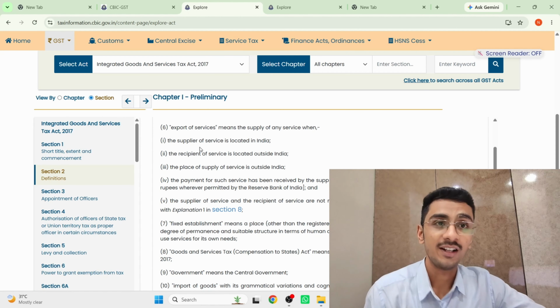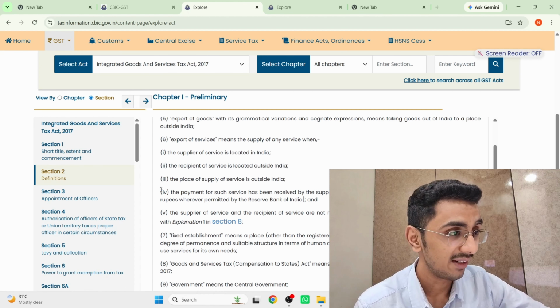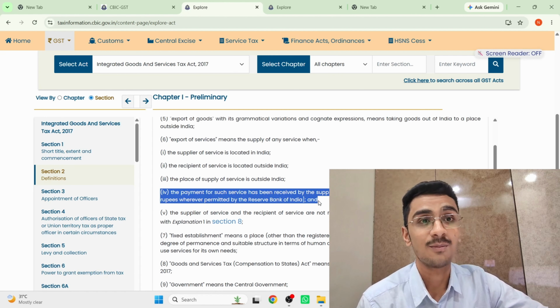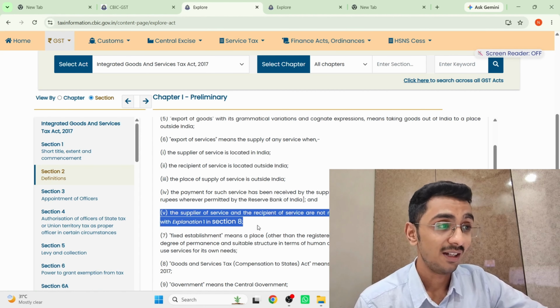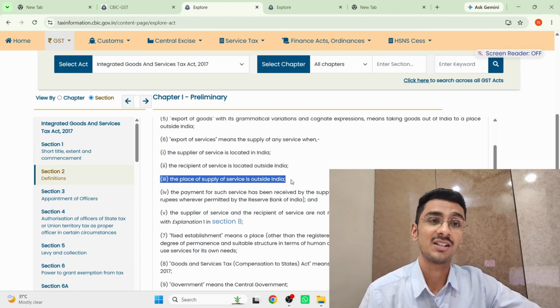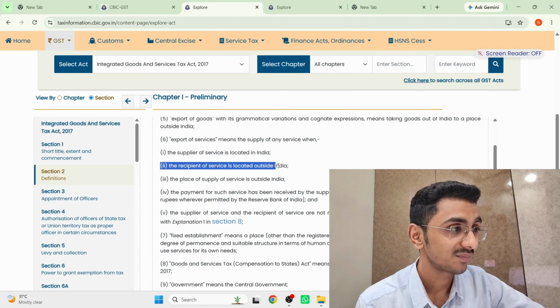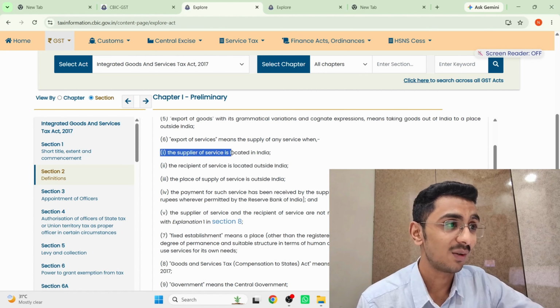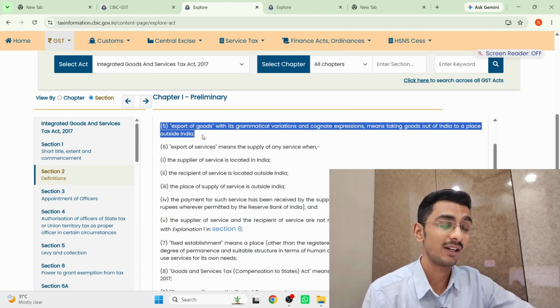Now, each of the conditions has to be read in very much depth. For example, with respect to this point, there should be a separate discussion, and with respect to this point, there should be a separate discussion, and this place of supply, multiple provisions are there with respect to section 13, and also in cases where recipient location, supplier location, and what exactly are there any other condition other than taking goods outside India.